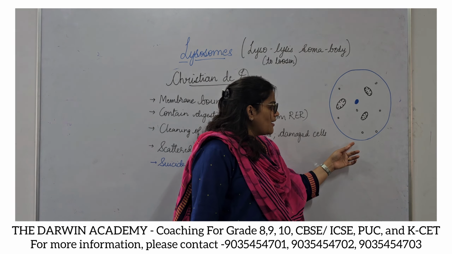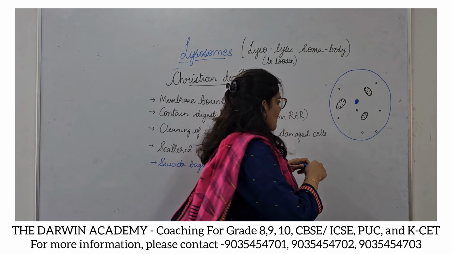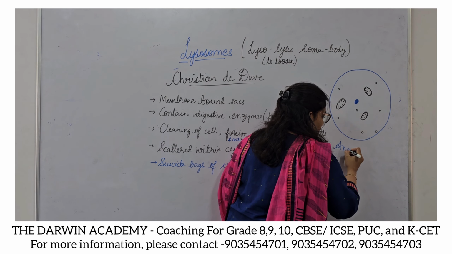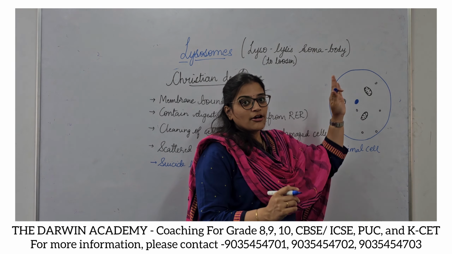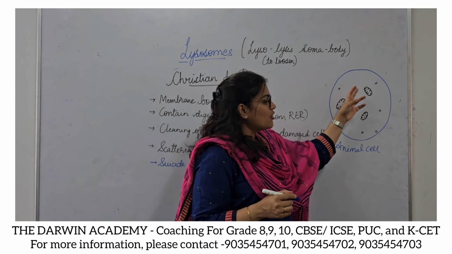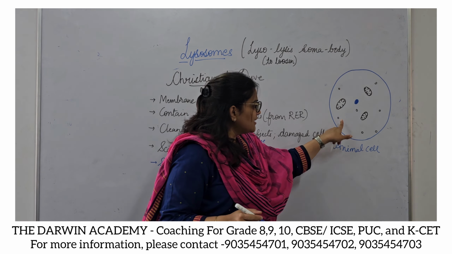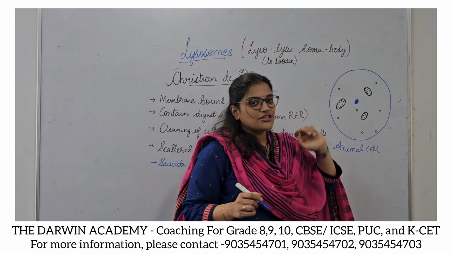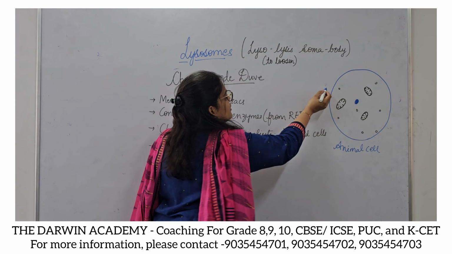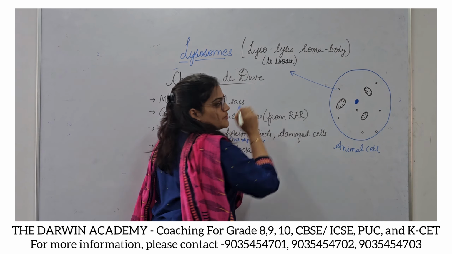Before that, let me ask you to have a look at this animal cell. Alright. I have not drawn all the cell organelles here. I have only drawn a couple of them. In that, if you might notice these small little round sac-like structures, those would represent lysosomes.